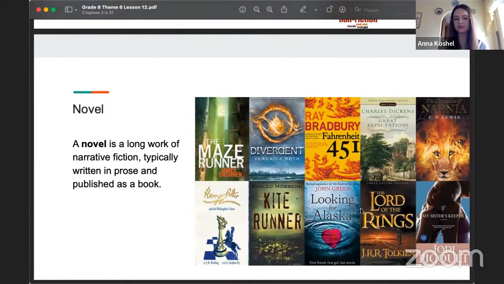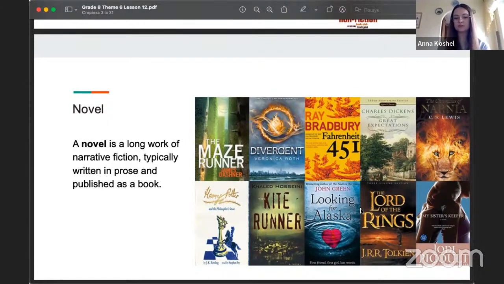There are many novels, and many subgenres, small genres of the novels. Here you can see some of the most popular and famous novels: Divergent, Fahrenheit 451 by Ray Bradbury, Charles Dickens, Great Expectations, The Chronicles of Narnia, Harry Potter, Lord of the Rings, and so on and so forth.